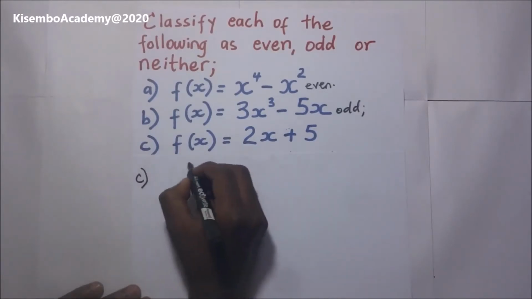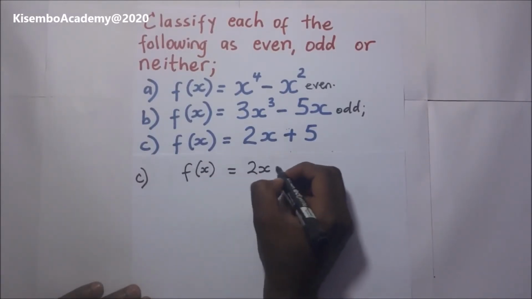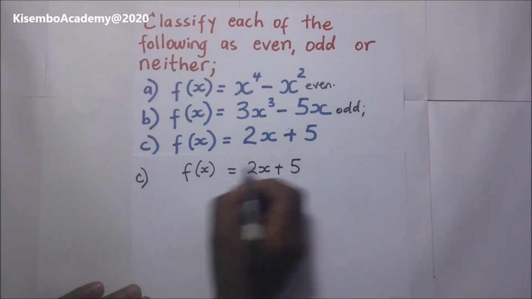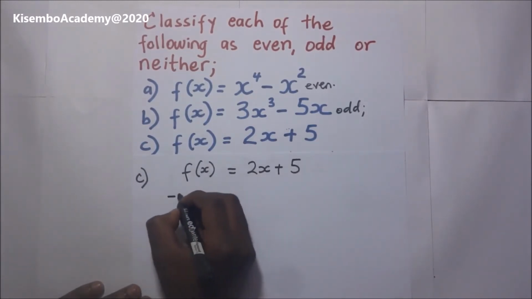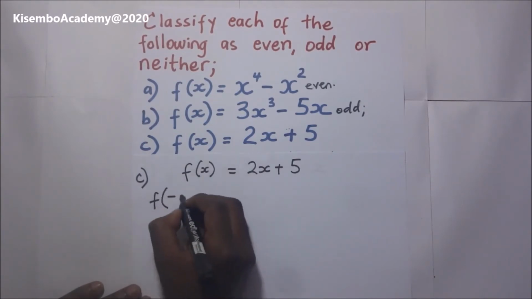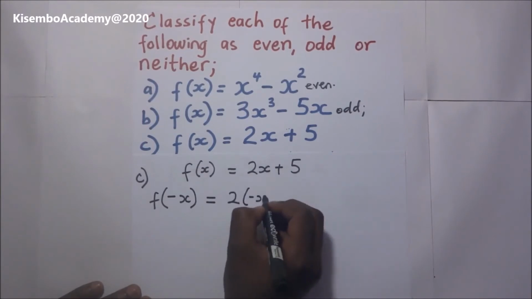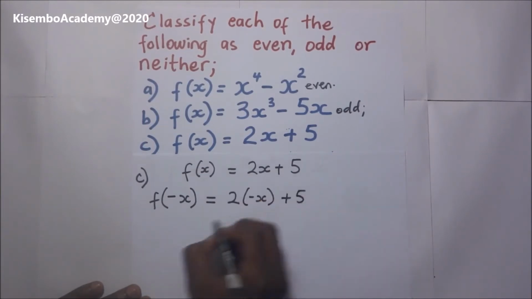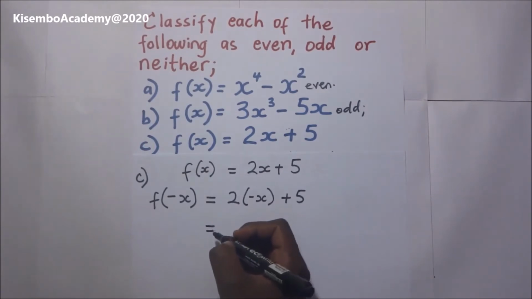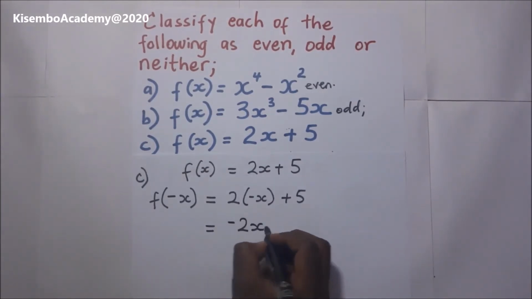So part C, we have f of x giving us 2x plus 5. So let's plug in a negative here. That is f of negative x, is definitely going to give us 2 times negative x plus 5. And then definitely we are going to end up with negative 2x plus 5.